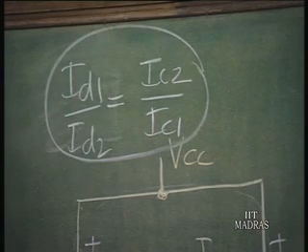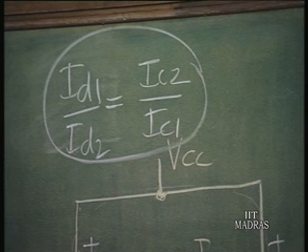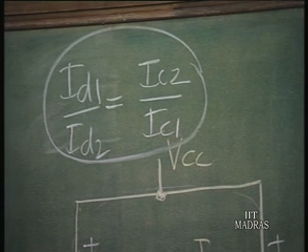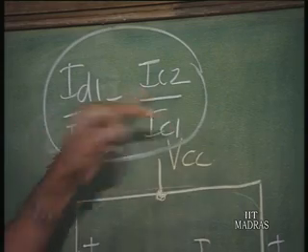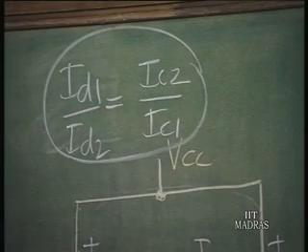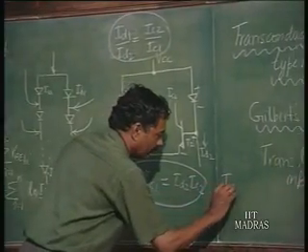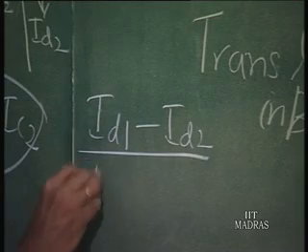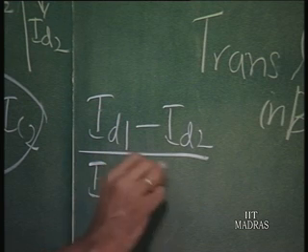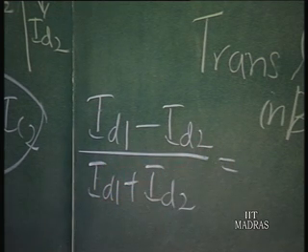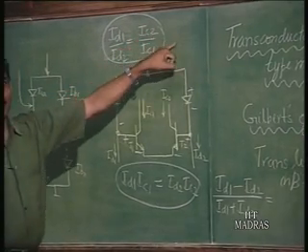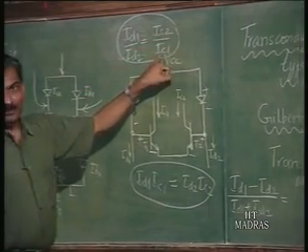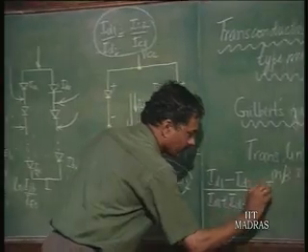But now, we would like to use this for multiplier. You can see here already current multiplication is taking place. I D 1 by I D 2 into I C 1 is equal to I C 2, or we can see here that I D 1 minus I D 2 divided by I D 1 plus I D 2 equals I C 2 minus I C 1 by I C 2 plus I C 1.